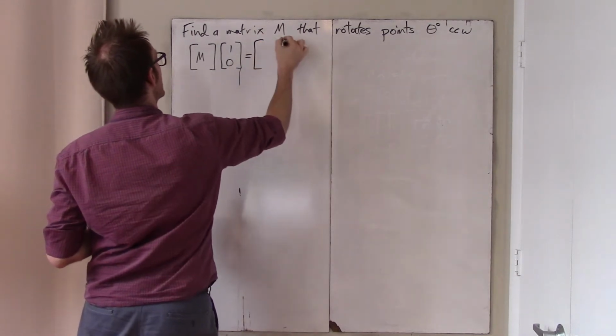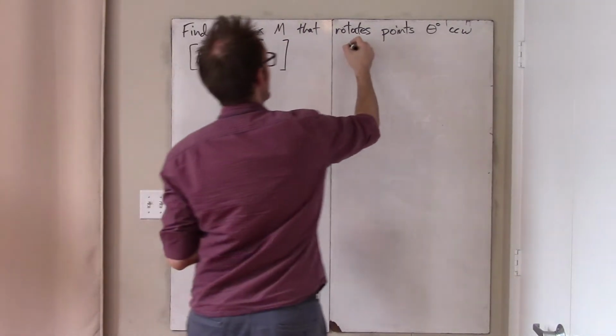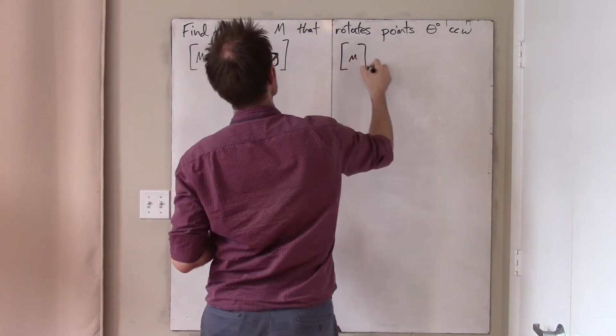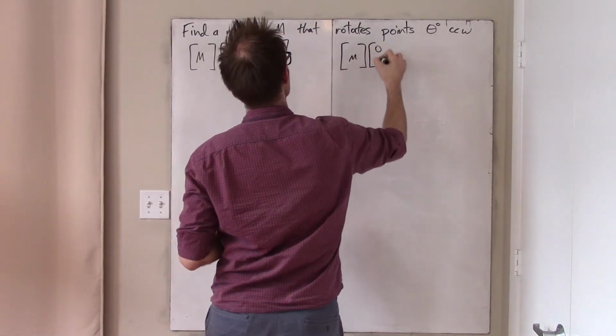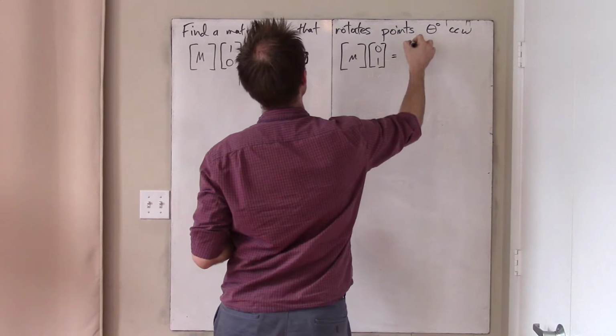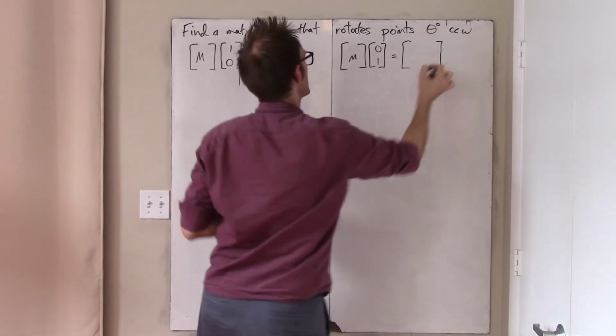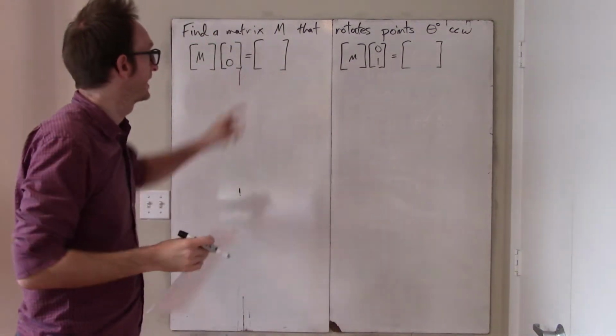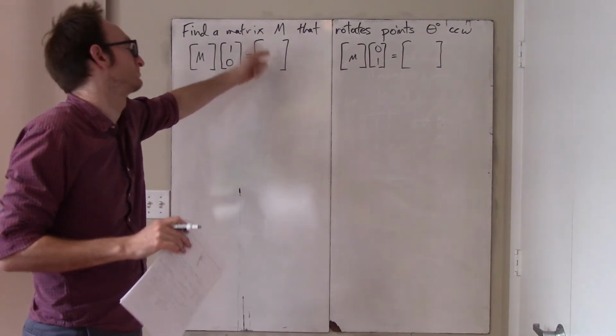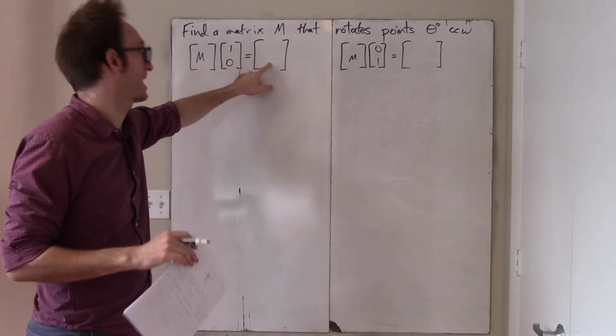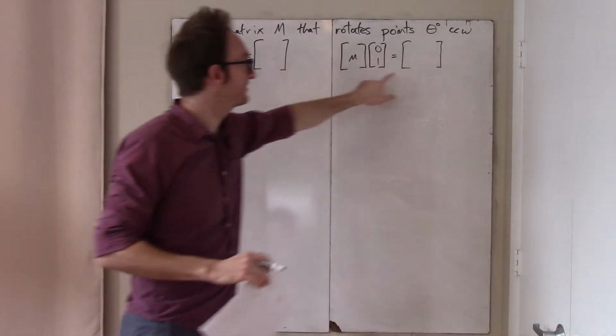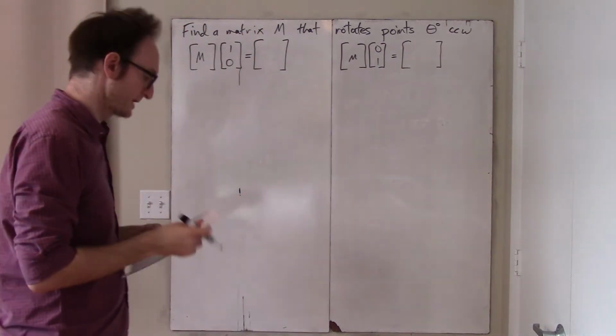And what does this matrix do to (0, 1)? It's the same logic that we use over and over again. And then whatever we find are the answers to these two questions, this vector is going to be column 1 of my matrix M, and this vector will be column 2 of my matrix M.